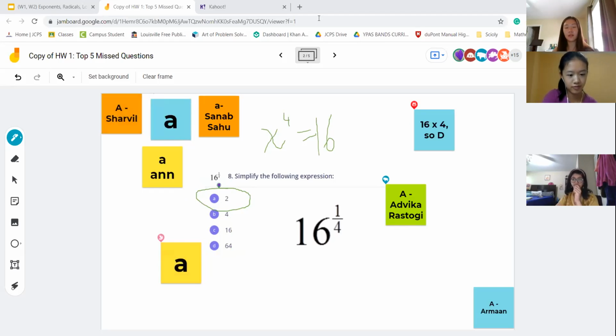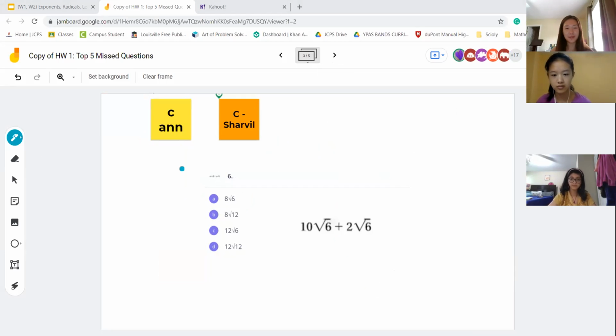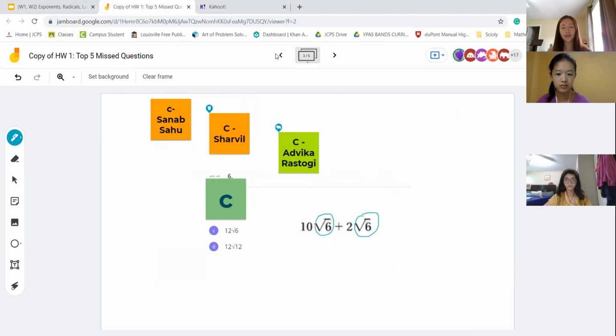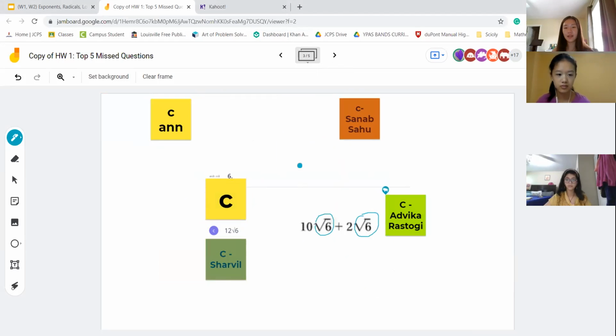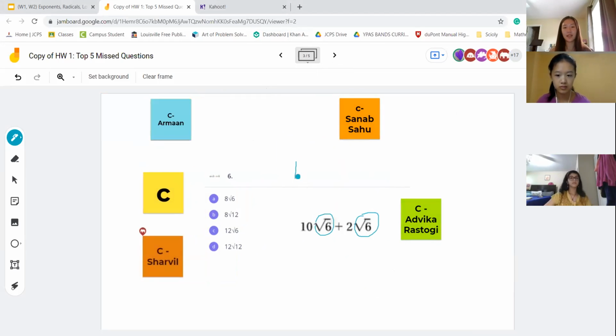All right, and our third question. So this one is asking for 10 radical 6 plus 2 radical 6. So this one, you would need to know how radicals work. And if you remember from last class, you can treat radicals as variables. So when you add, let's say instead of 10 radical 6 plus 2 radical 6, I had 10x plus 2x.